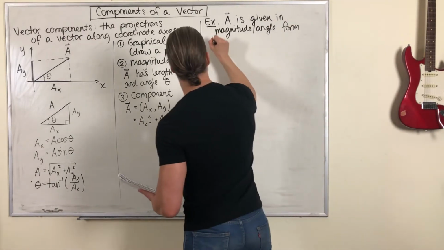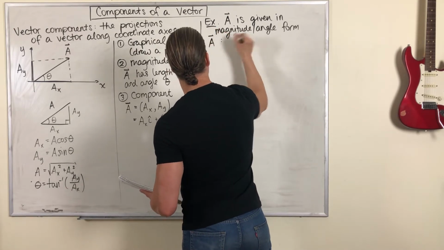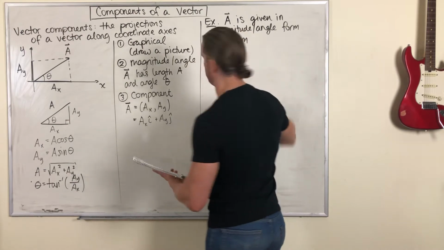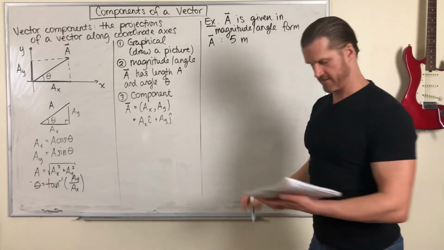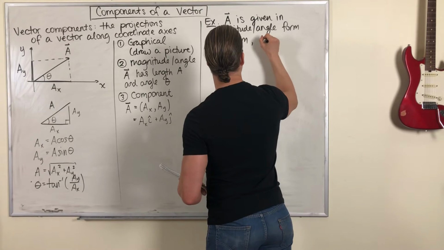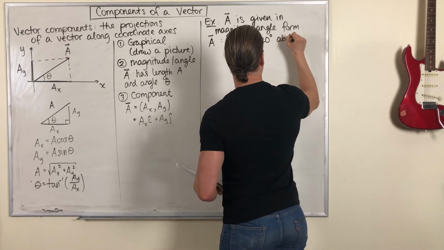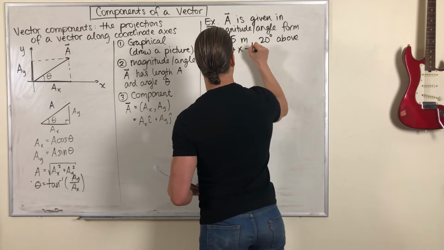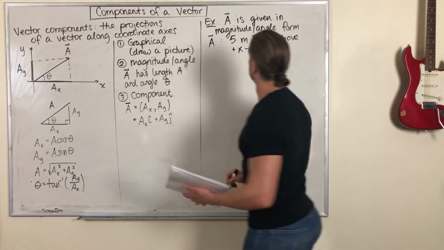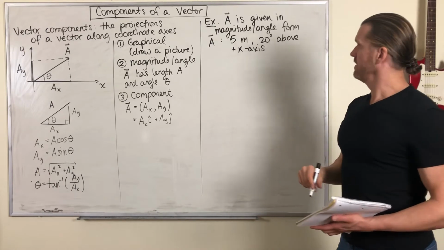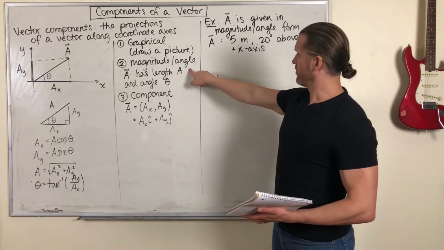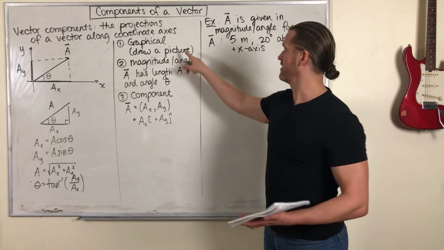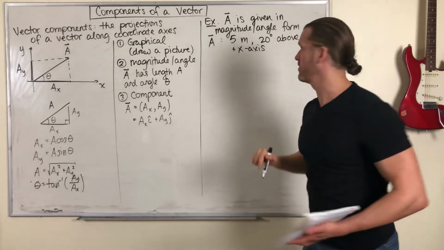So A is represented by 5 meters in length and an angle of 20 degrees above the positive x axis. So we're given the vector in magnitude angle form. Let's represent the vector in graphical form and component form.